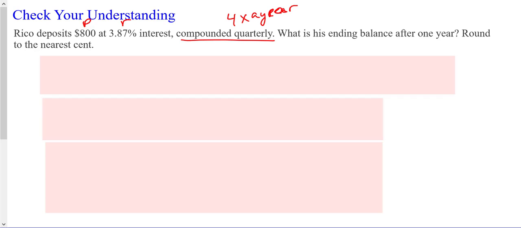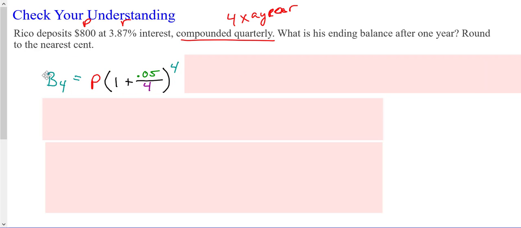So we figured out a general formula in our last example. B sub 4 equals principal times 1 plus 0.05 divided by 4 to the fourth power. That was the formula we ended up with when we compounded quarterly in our previous example.